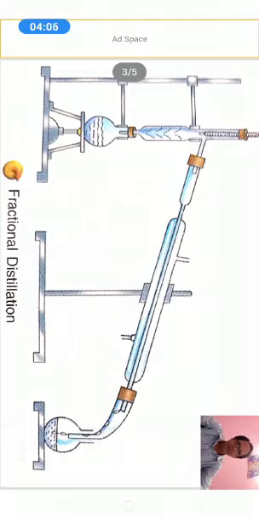We take here a mixture of alcohol and water. The apparatus used in fractional distillation is the same as in distillation, except a fractionating column. On heating, the vapors of both the liquids taken in the round bottom flask are formed. Alcohol boils at a lower temperature than water.